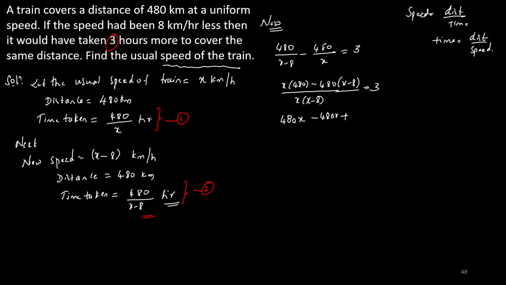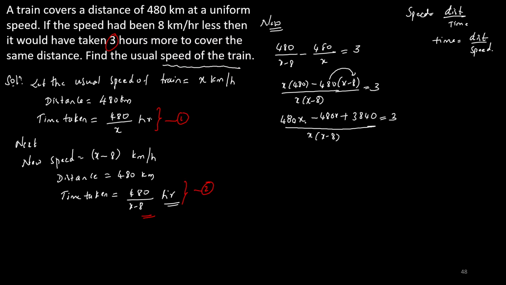Now I multiply 480 into 8, which is 3840. When I multiply, 3840 whole divided by x into x minus 8 is equal to 3.